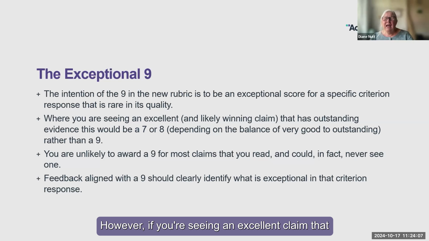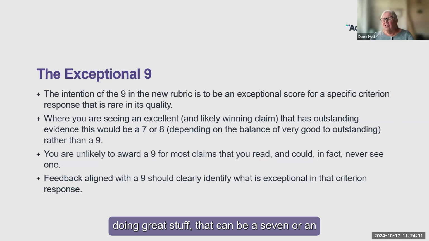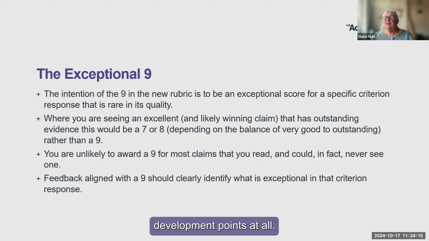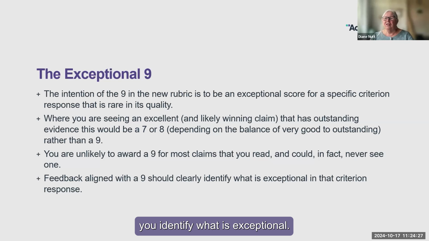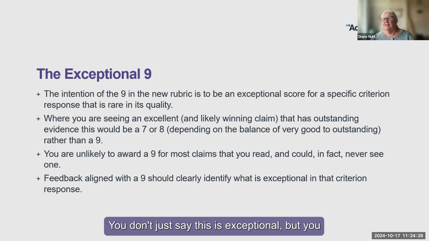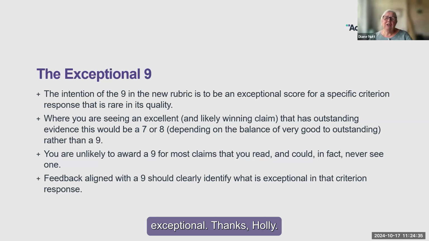However, if you're seeing an excellent claim that absolutely satisfies the criteria for you and is doing great stuff, that can be a 7 or an 8. It can be an 8 without having any development points at all. And 9 is really only to be used when you're seeing something unexpected and exceptional. If you do, please make sure that in your feedback, you identify what is exceptional. You don't just say this is exceptional, but you specify what it is about that criterion that is exceptional. Thanks, Holly. Next slide.